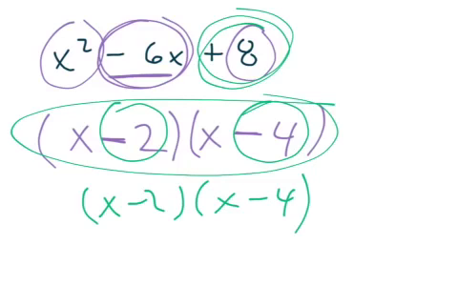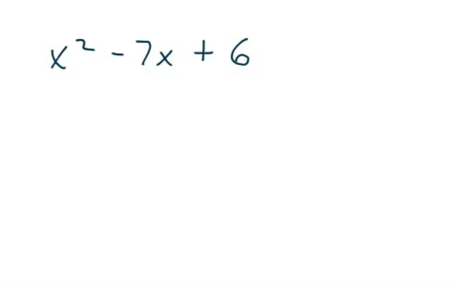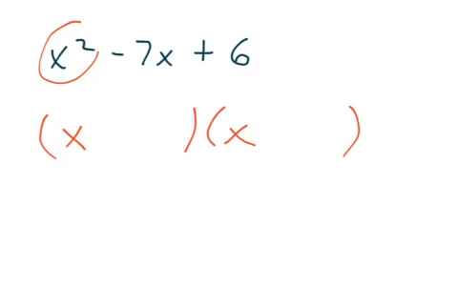One more. Pause the video first, though, if you need to. Last one, guys. Can you factor this one? Pause the video and try it yourself. Okay, let's see how you did. Did you do x times x to get the x squared?